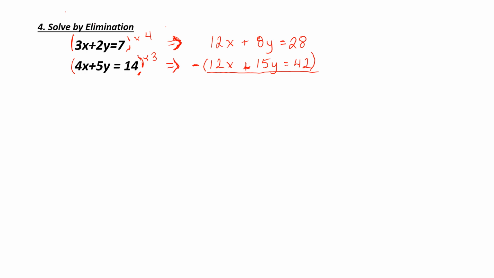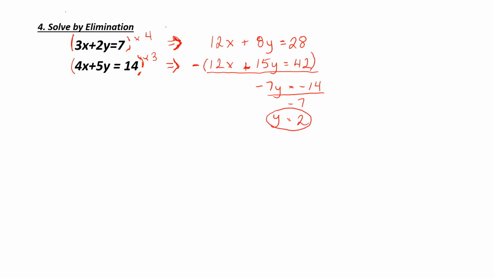That's my goal. 8y minus 15y is negative 7y. And 28 minus 42 is negative 14. I now need to get y alone, so I'm going to divide both sides by negative 7, giving me an answer of y equals 2.